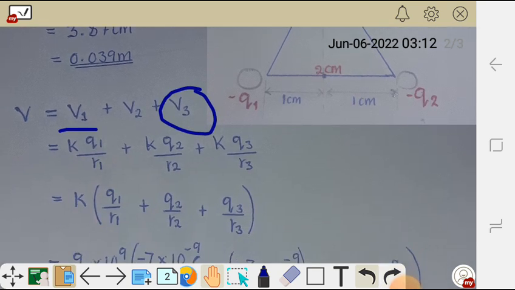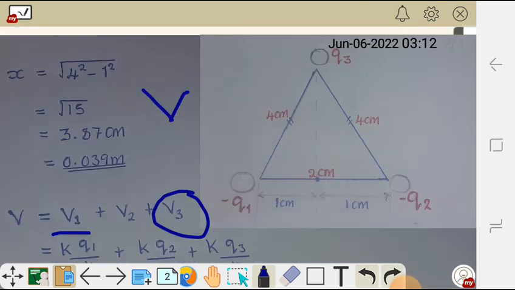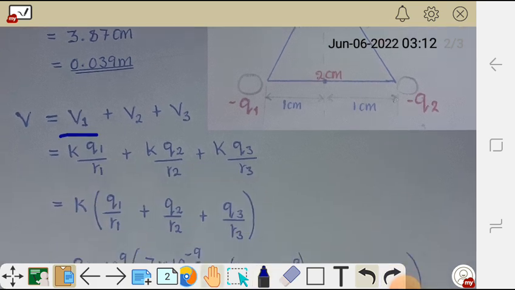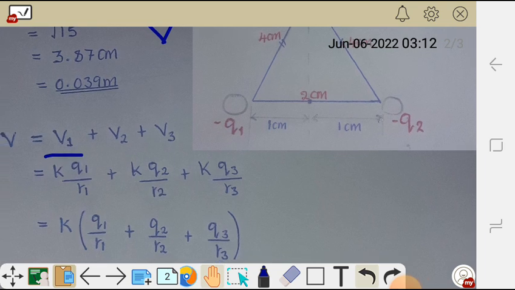Since you already know the formula is K multiplied by charge over R, our V2 will be K multiplied by Q2 over R2, and V3 is K multiplied by Q3 over R3.